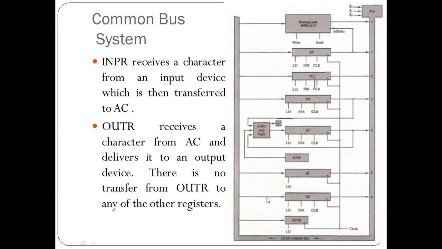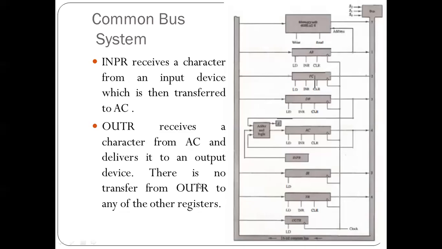And now coming to the input and output registers. The input register receives a character from the input device, which is then transferred to the accumulator. Similarly, the output register receives a character from the accumulator and transfers it to the output device.